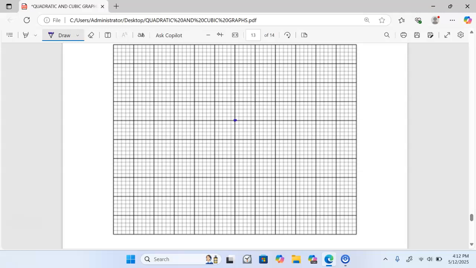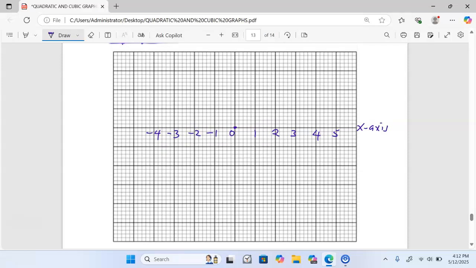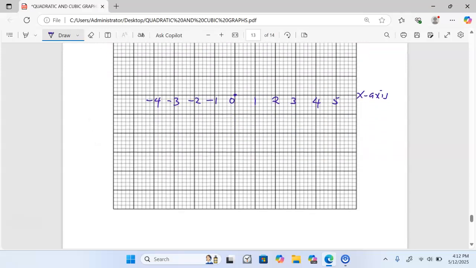So assuming this is our point of origin, then we are going to have -1 here, -2, -3, -4, then 1, 2, 3, 4, and even 5. This is our x-axis. Then the y-axis, since the lowest value is -21, we are going to use a scale of 1 centimeter to represent 5 units, that is -5.